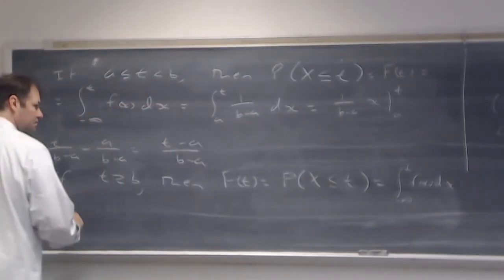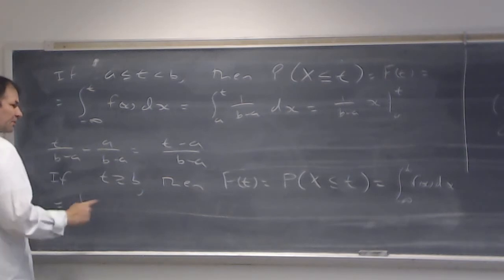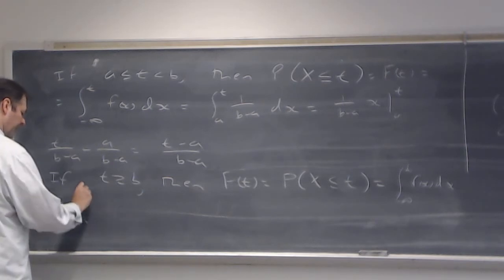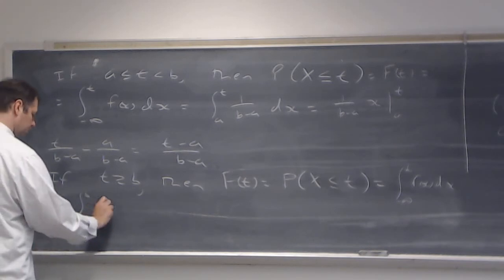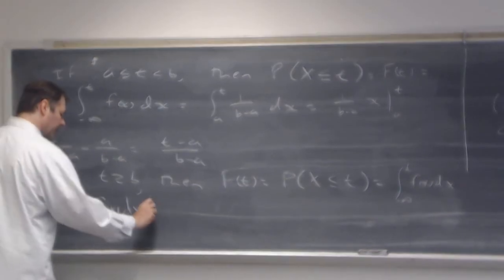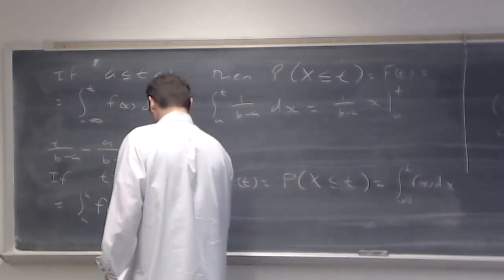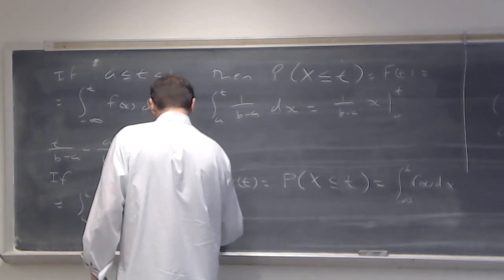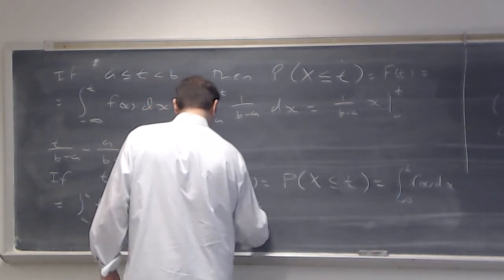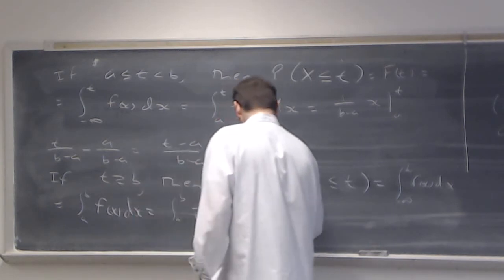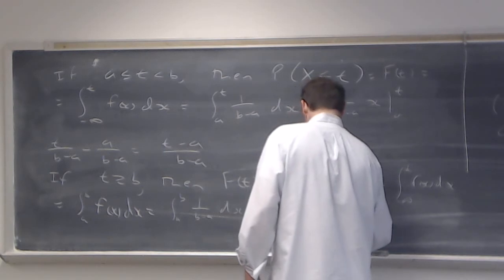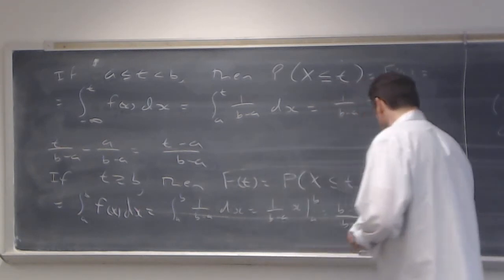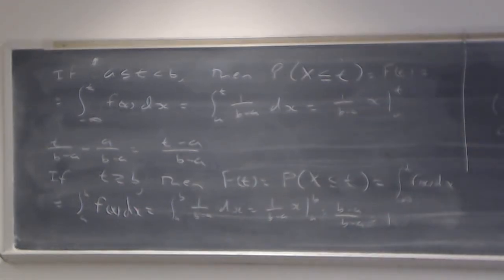Remember f of x is 0 in the other spots, so it's the integral from a to b in this case of f of x dx, and that ends up being the integral from a to b of 1 over b minus a dx, which is equal to, using the fundamental theorem of calculus, 1 over b minus a times x, evaluated from a to b, so that's b minus a over b minus a, which is equal to 1. So I'll summarize what we found.